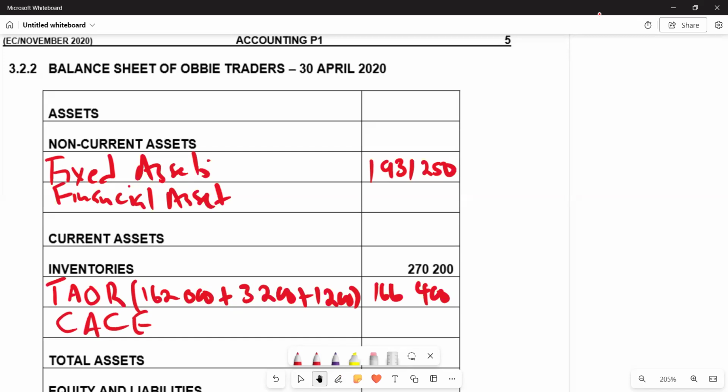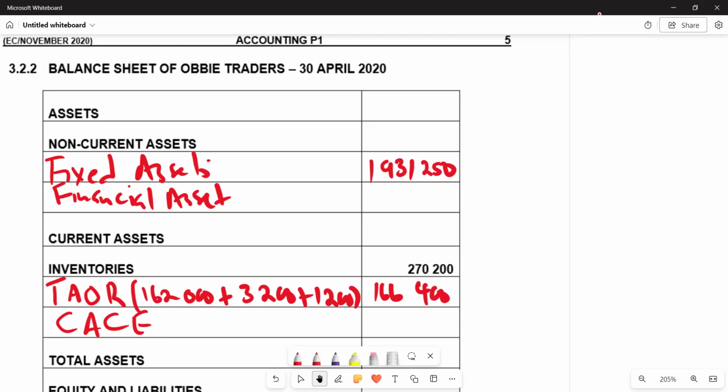Remember, we're going to check the bank balance if it has a debit balance. If the bank balance is a credit balance, it becomes a bank overdraft. It has to go under current liabilities. But if it's on the debit side, we're going to treat it as part of cash and cash equivalents. And then we also check for petty cash, which we add, and then we also check for cash flow. If it's there in the question, we add it again to get the total for cash and cash equivalents.